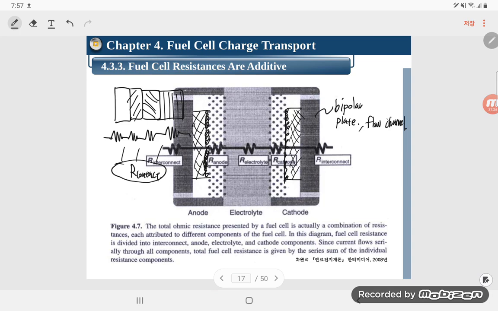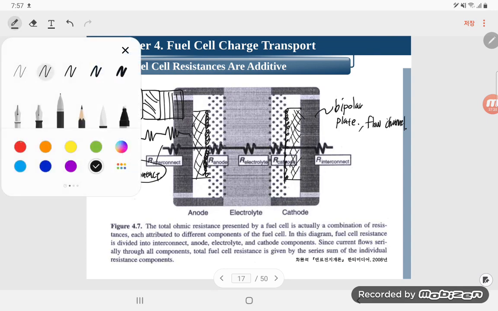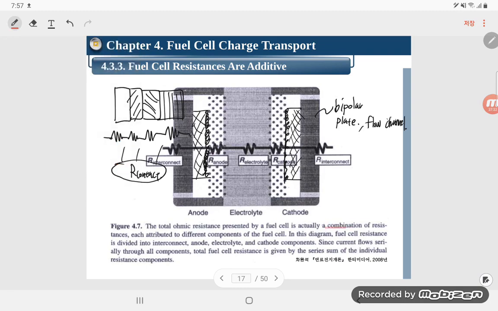So the total ohmic resistance presented by a fuel cell is actually a combination of the resistances. The total fuel cell resistance is given by the series sum of the individual resistance components.